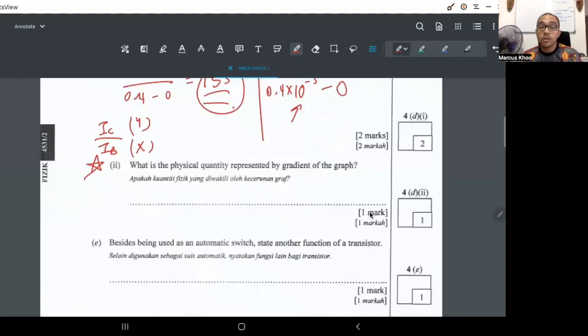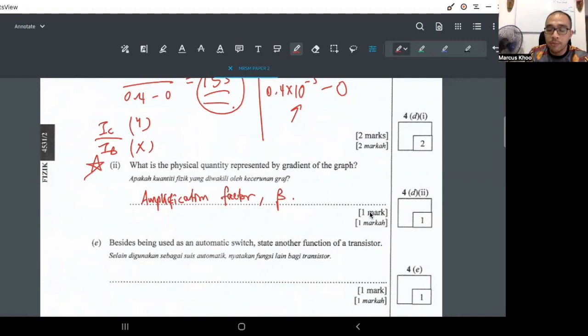The physical quantity is the amplification factor, beta. I want to stress here that you cannot say just amplification, because this is a very specific electronics term. In the electronics world, beta is known as the amplification factor, not just amplification.